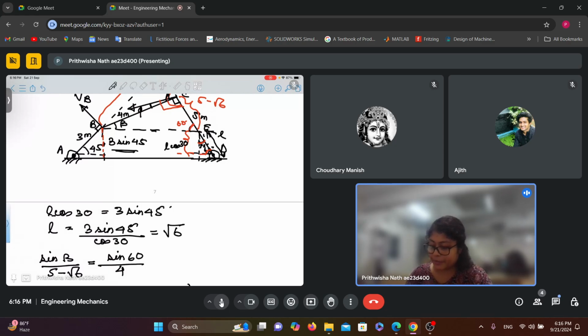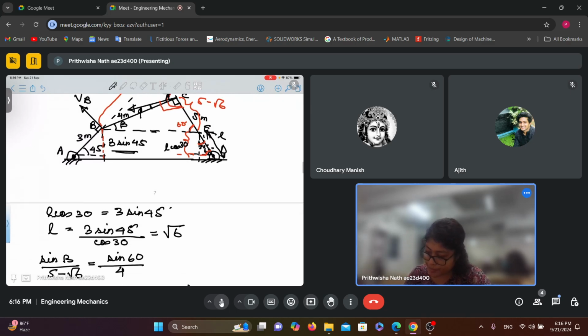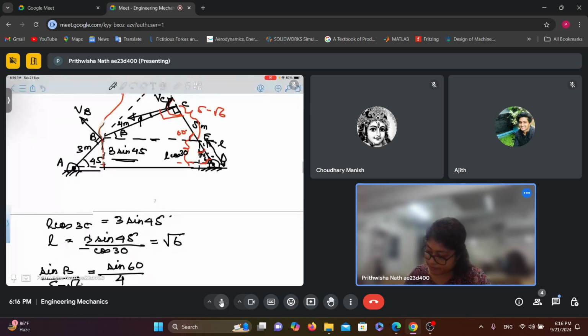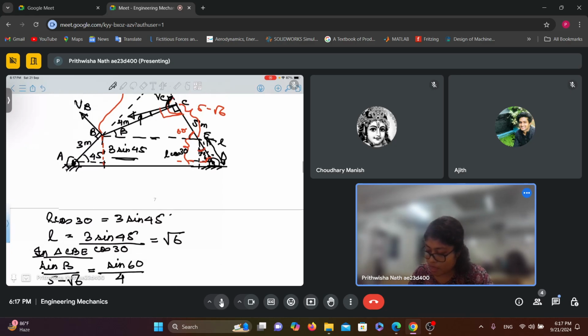And after that, I just use the sine rule in the triangle CBE. So sine beta by 5 minus root 6, which is the opposite side to beta, equals sine 60 by the opposite side, which is 4.